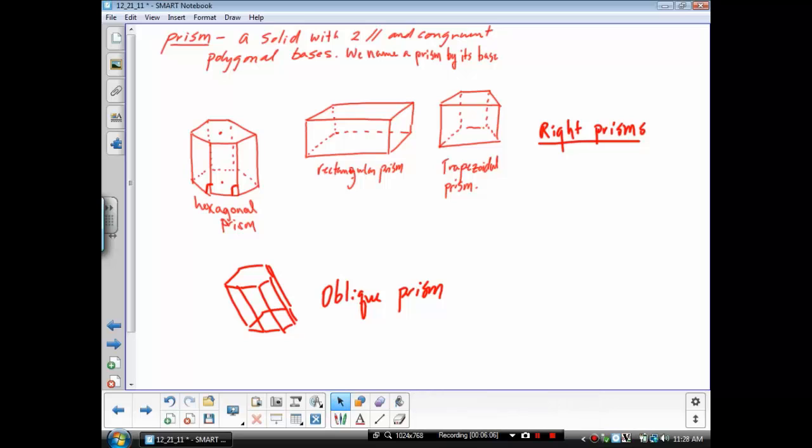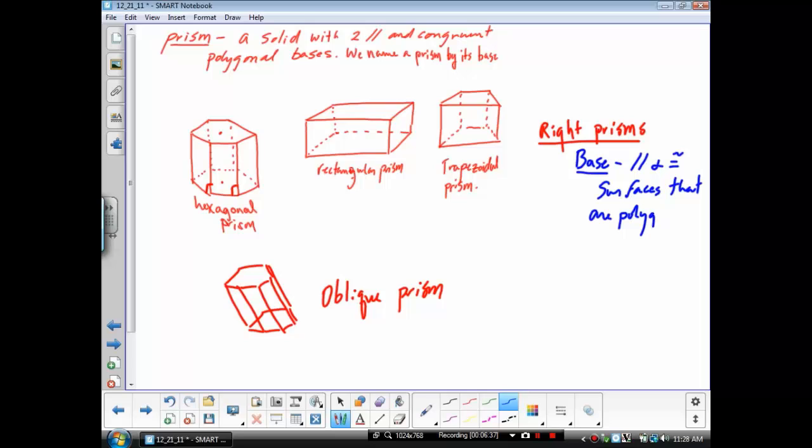Now, for each of these prisms, we have the bases. The base is always the side that's parallel and congruent and is not always rectangular. The base is those parallel and congruent surfaces that are directly one above each other. Then we have our lateral surfaces.